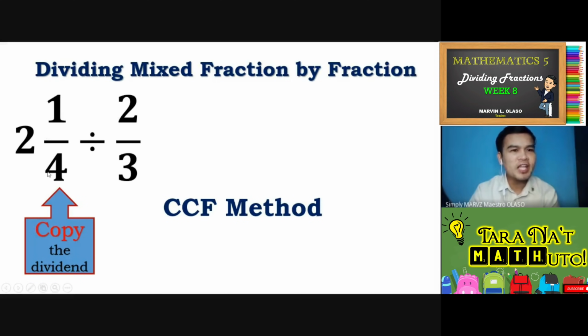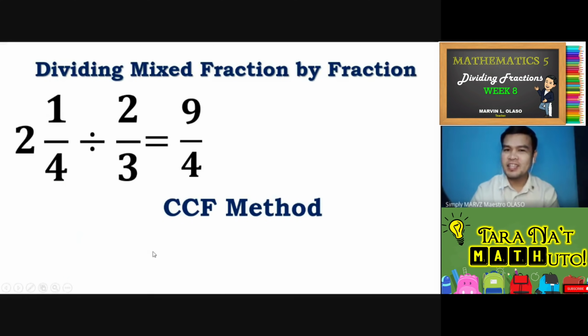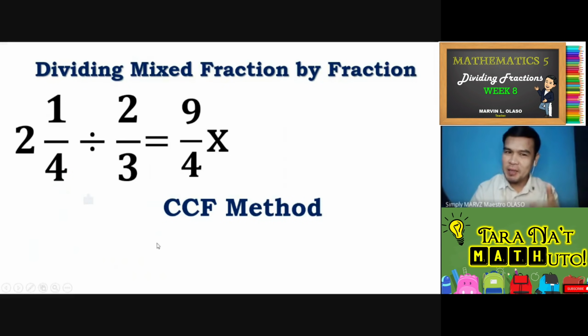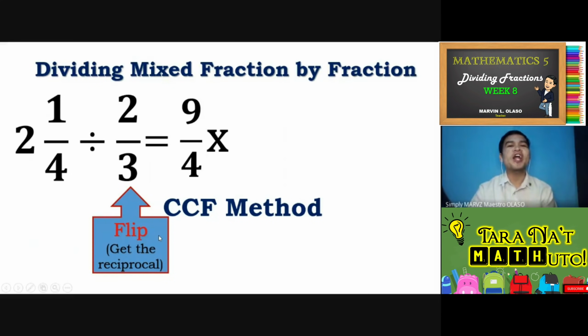Again, how do we change that? 4 times 2, 8 plus 1 equals 9. Then copy the denominator for 9/4. Next, step number 2, change to multiplication. Step number 3, flip or get the reciprocal of the divisor. 2/3, the reciprocal is 3/2.